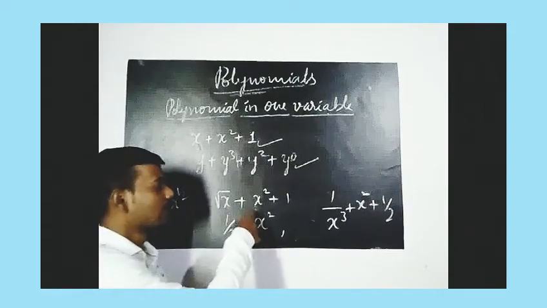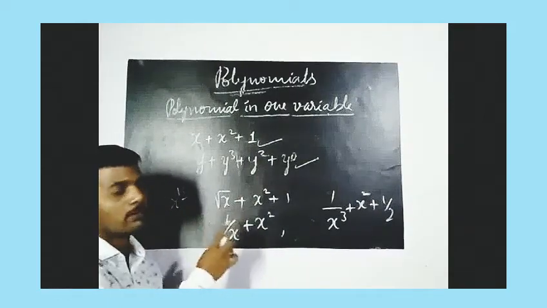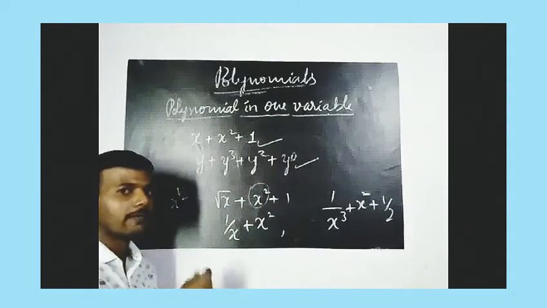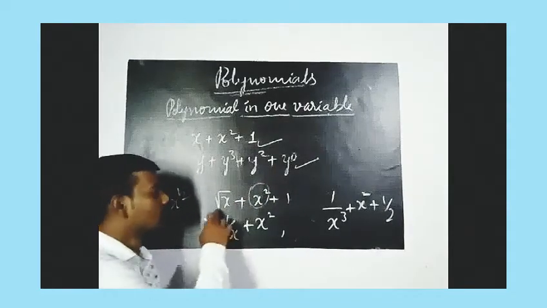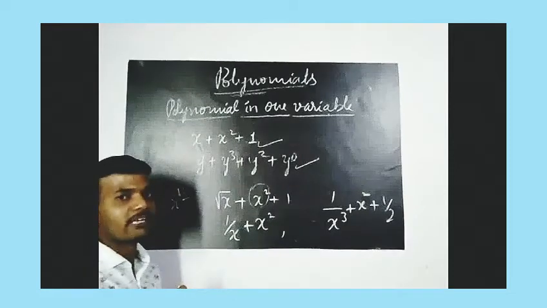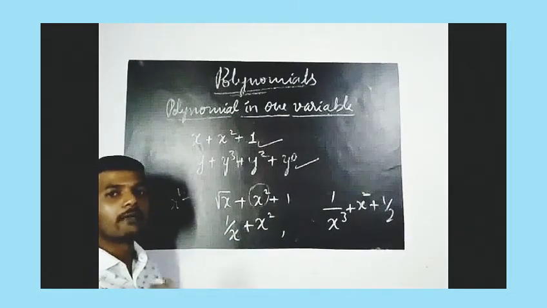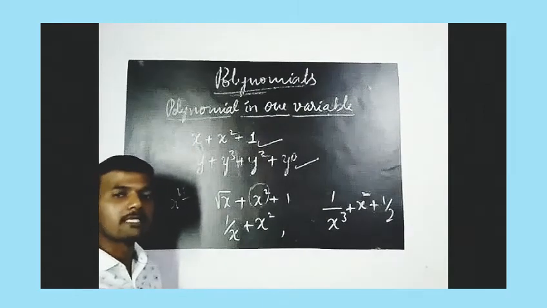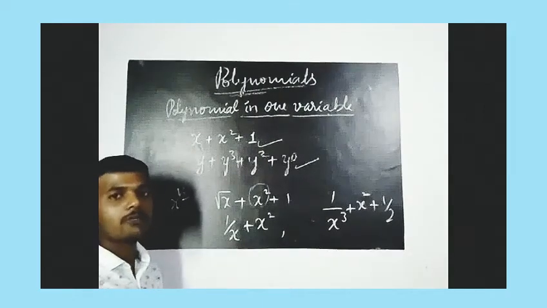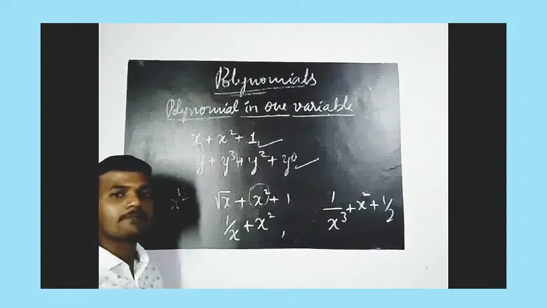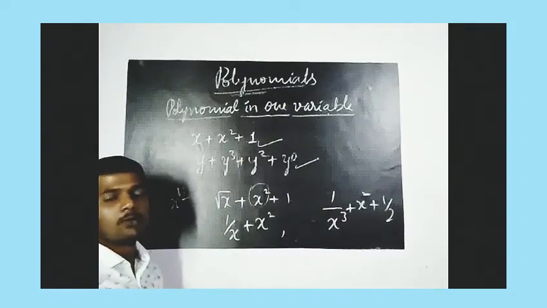Here there is x square, but you should not consider only this term. All the terms in the polynomial must have non-negative integral exponents, not only a single term. Then only we say that it is a polynomial.